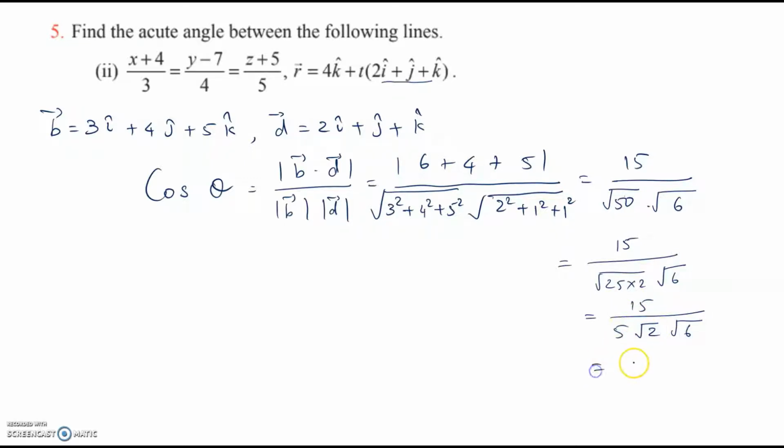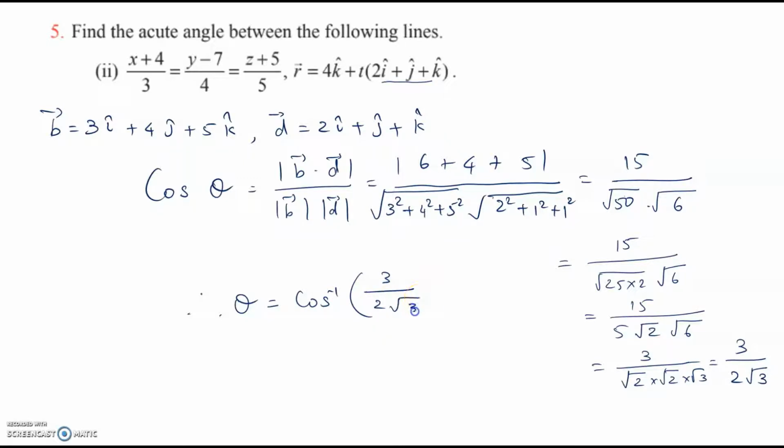So solving this, you get 3 over root 2, and you can write root 6 as root 2 into root 3. So that's equal to 3 by 2 times root 3. Therefore, our theta is equal to cos inverse of 3 by 2 times root 3.